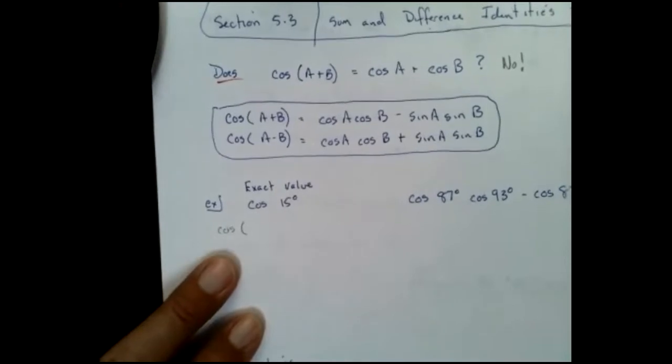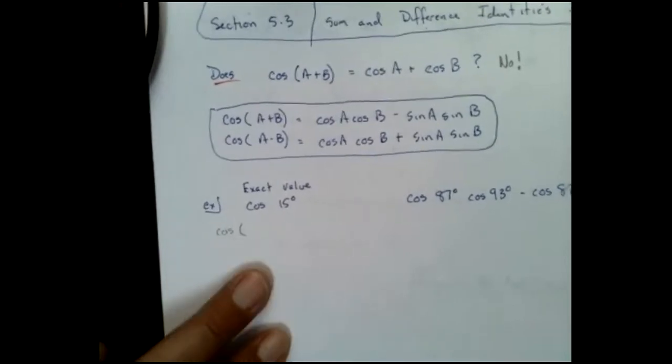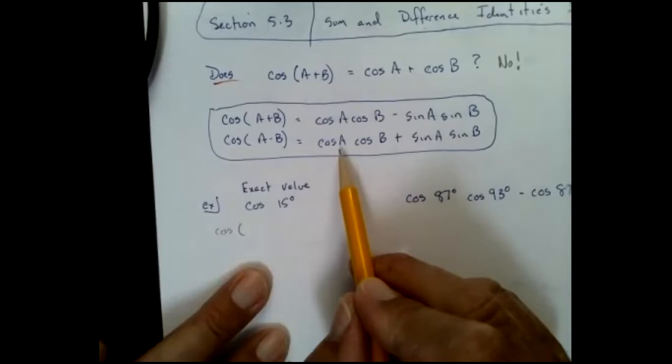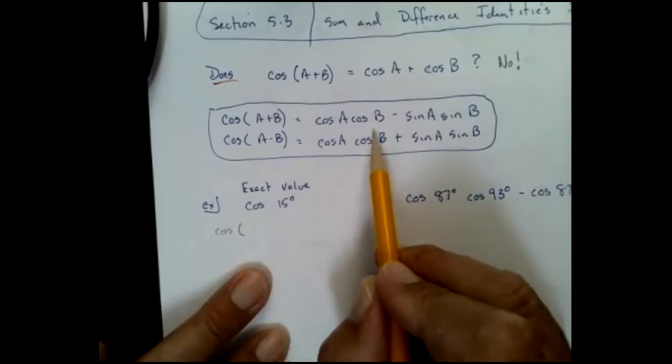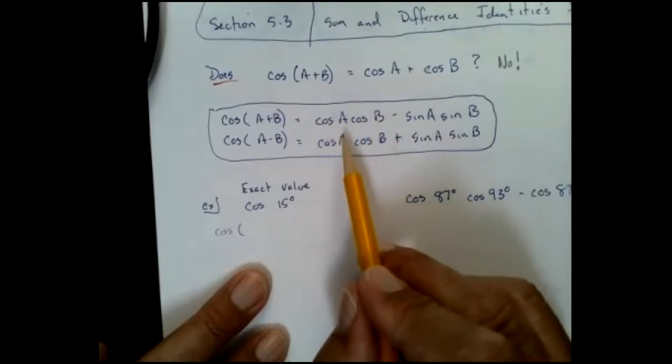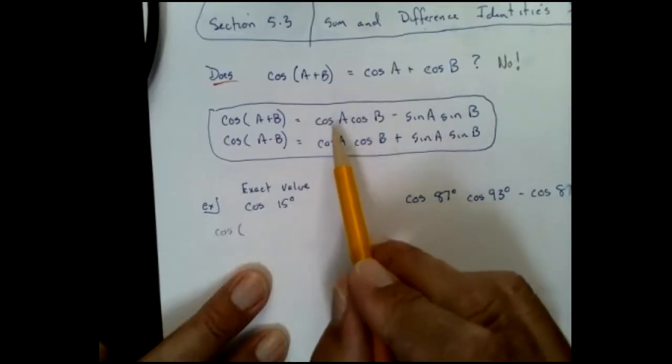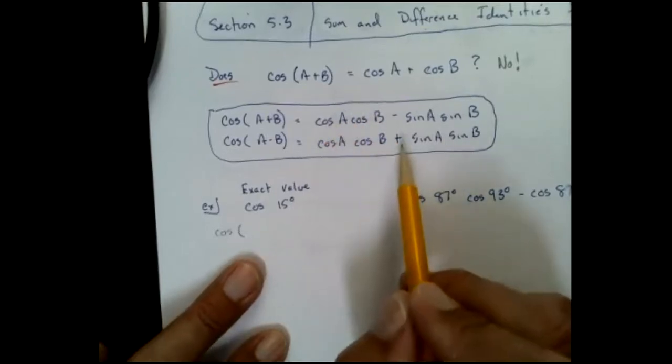Go ahead. 10 and 5. Yeah, but I really don't know the cosine of 10, and I don't know the cosine of 5. But there are some that I do know, and they come from my special triangles.